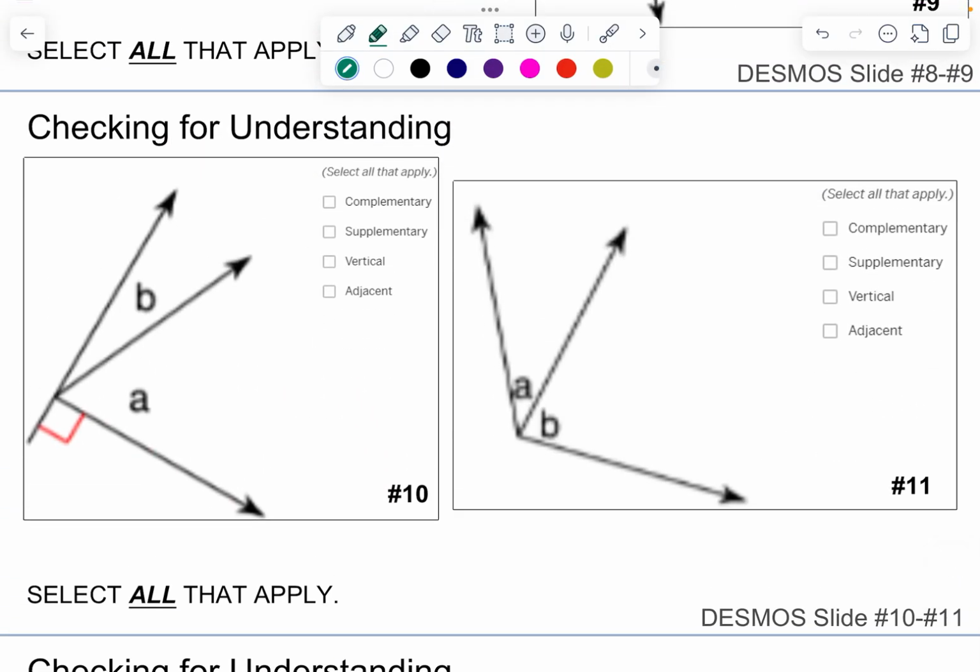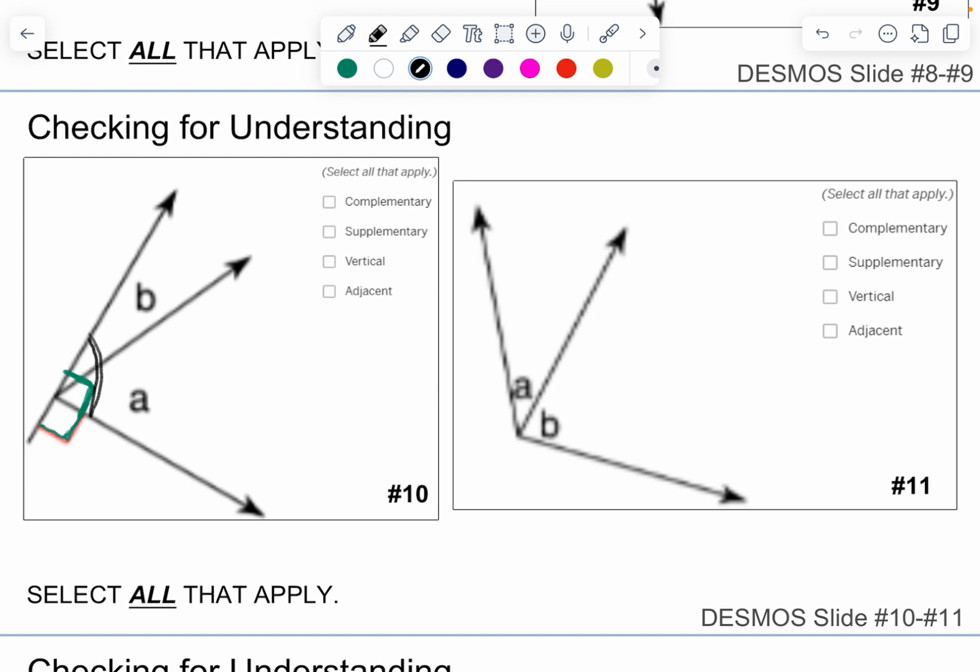So angle A and angle B right here. If this is 90 right here, then all of this has to be 90. So if that's the case, then angle A and angle B right here are together 90.